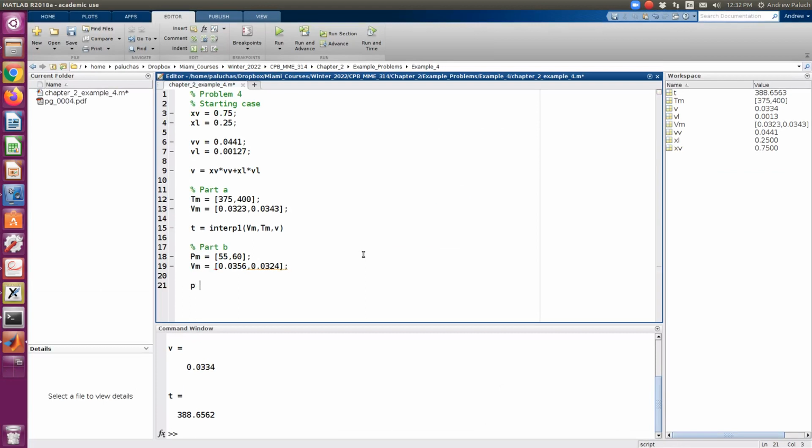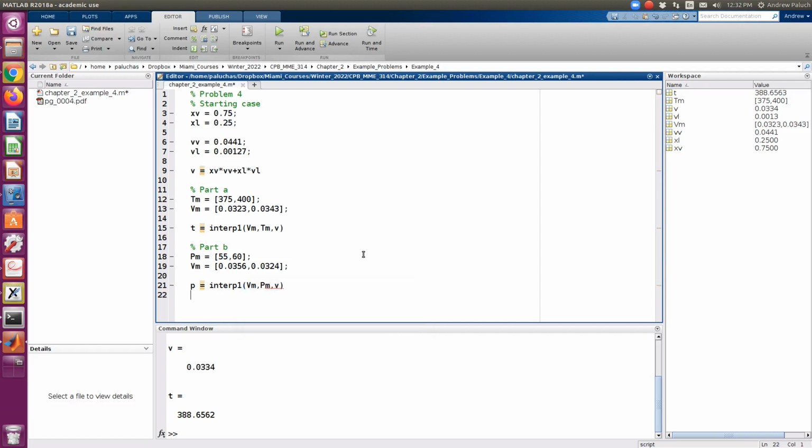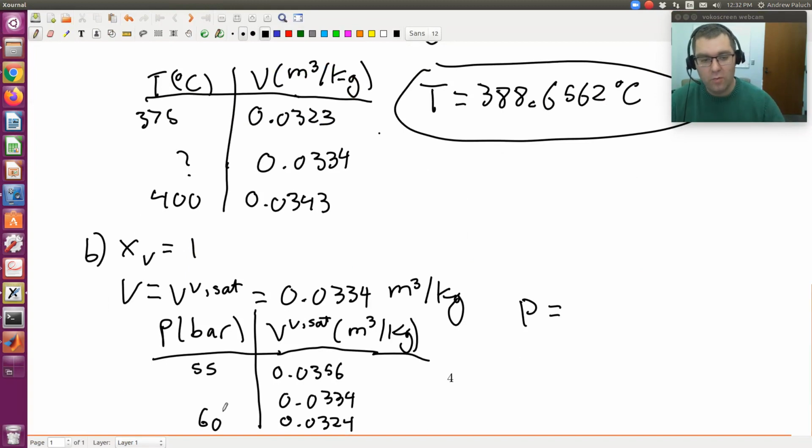Then my pressure is interp1. I'll interpolate pressure with respect to volume, for my volume equal to the value we calculated in the first part. So you get a pressure of 58.4492. Okay, bam.